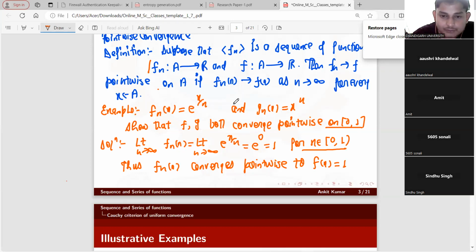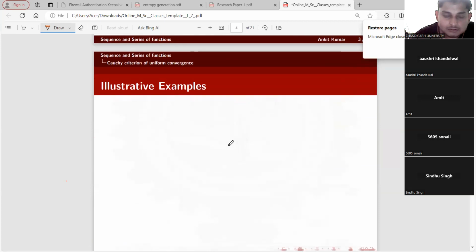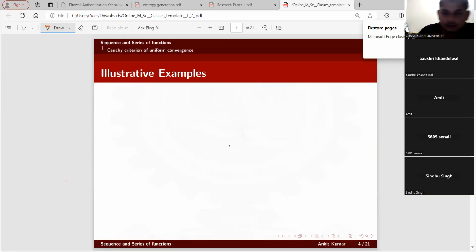Now we solve the second example. gn(x) is equal to x to the power n.